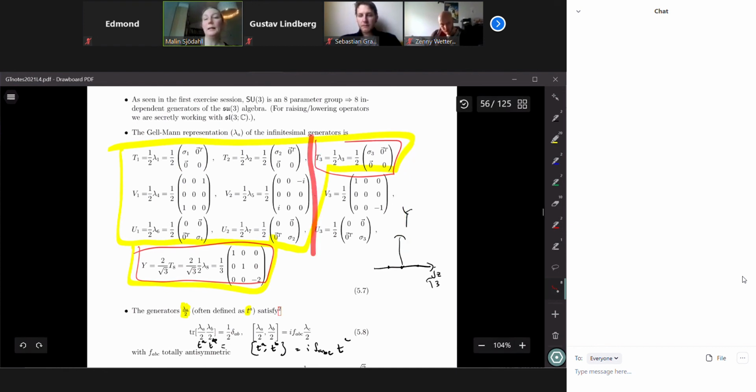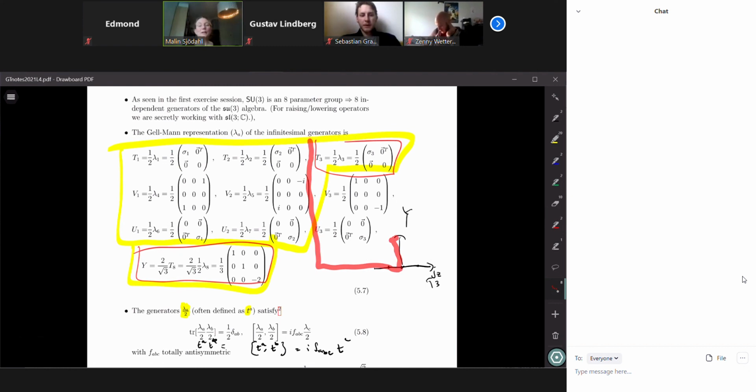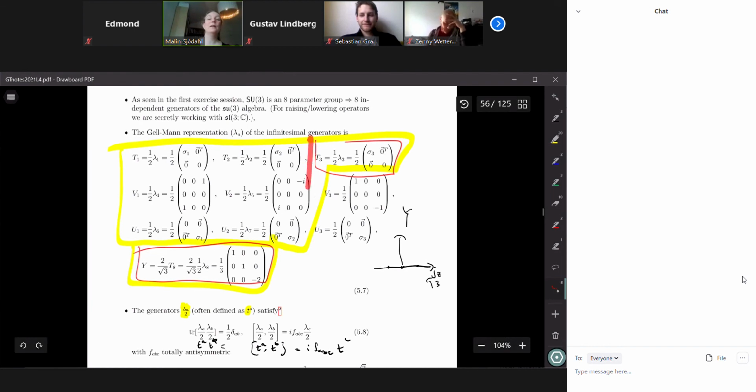So we can label states using the information of these three operators. Doing that will give us redundant information because they are linear combinations of independent quantities. They are not independent themselves. But nevertheless, it's not forbidden to use this redundant information to label the states. And so we will do that to see what we get.